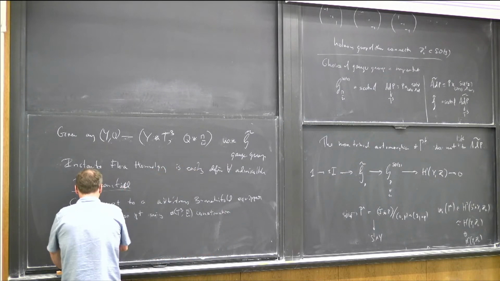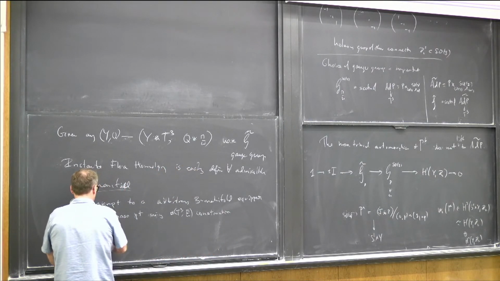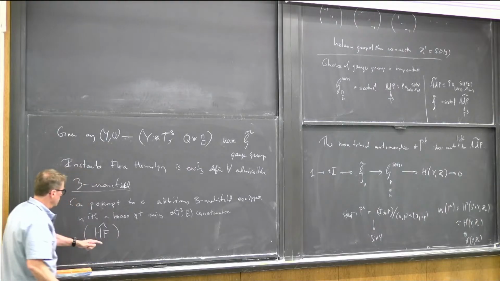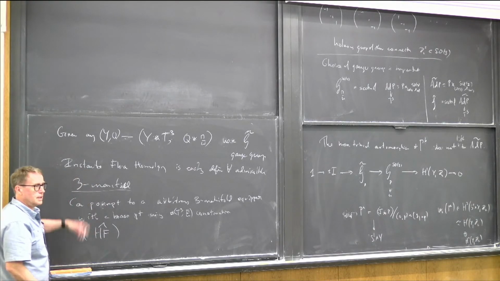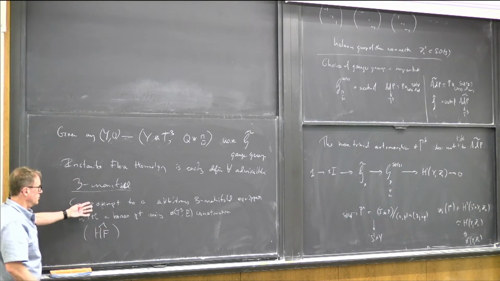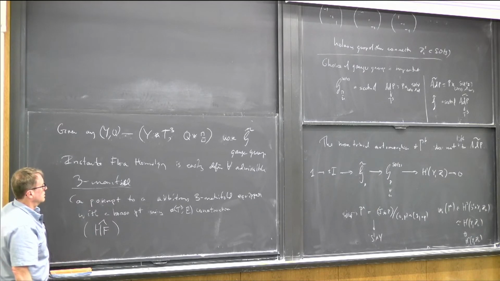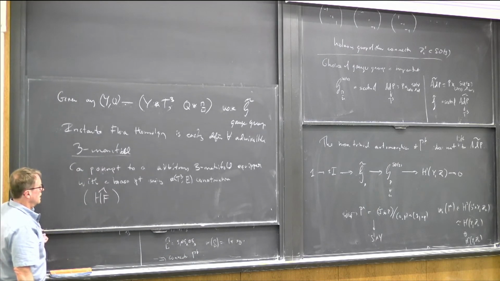You can kind of compare that to the story with HF hat, which is much easier to deal with, and involves picking a base point. There's an analog in the Instanton story.